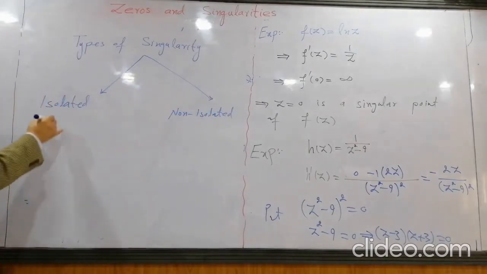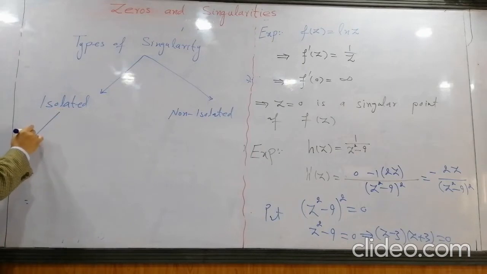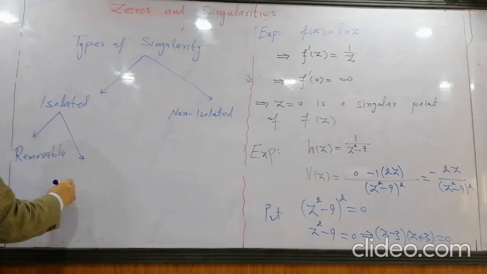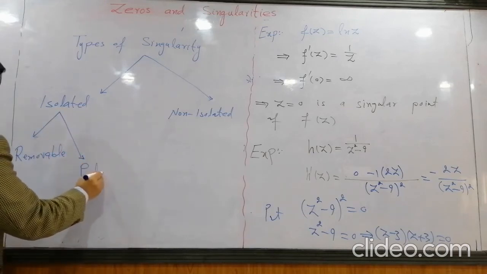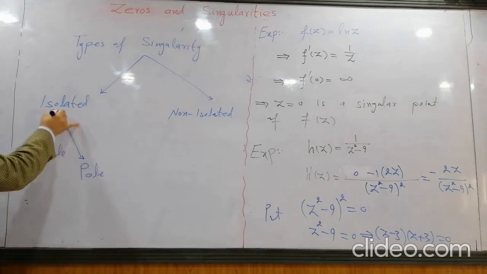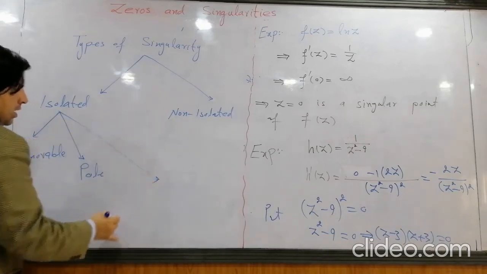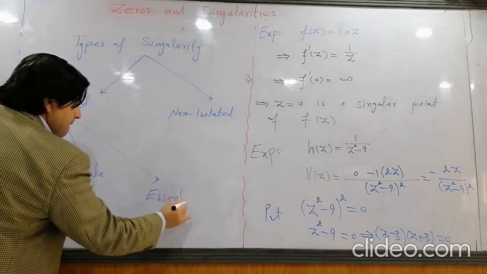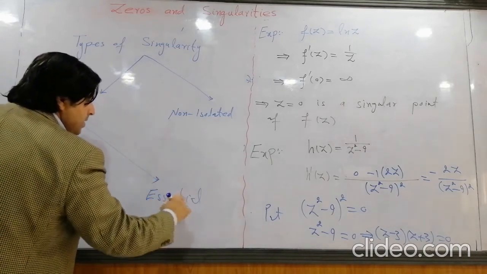But the isolated singularity is further divided into 3 types. The first one is called removable singularity, the second one is called poles, and the third one is called essential singularity.